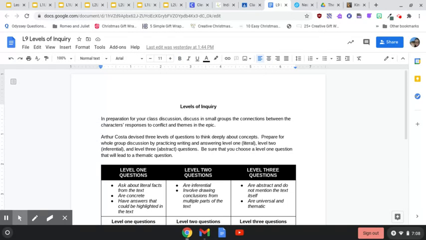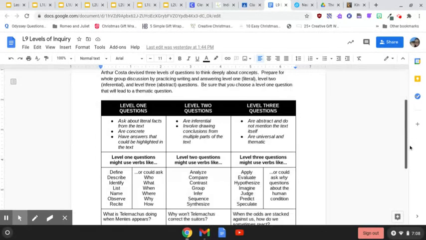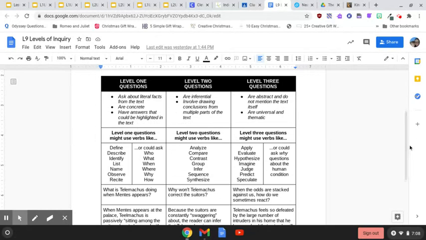Level 1 questions ask about literal facts from the text. They are concrete. They have answers that could be highlighted in the text. The questions might use verbs like define, describe, identify, list, name, observe, recite, or they could ask who, what, when, where, why, and how.